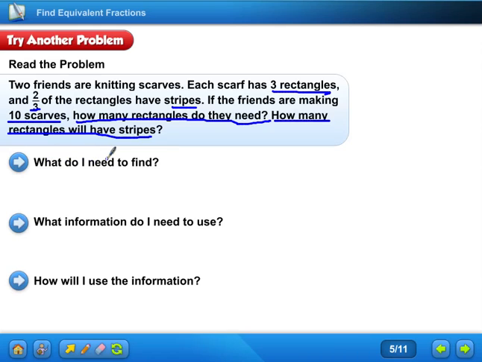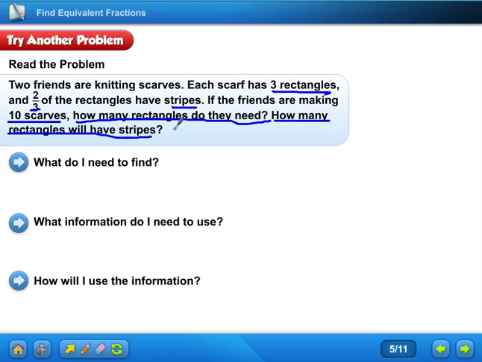What information do I need to find? Well, I need to find how many rectangles they need for 10 scarves. And I need to find how many rectangles will have stripes. Exactly what it says right here.